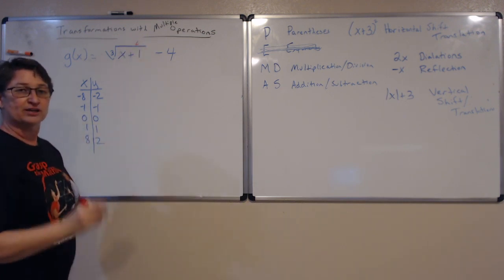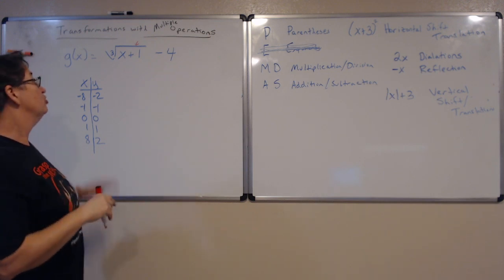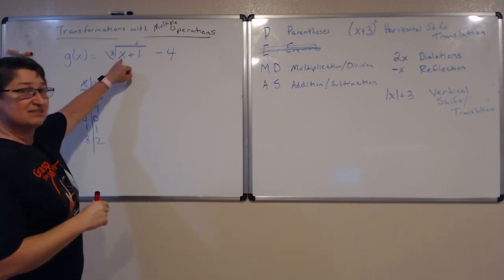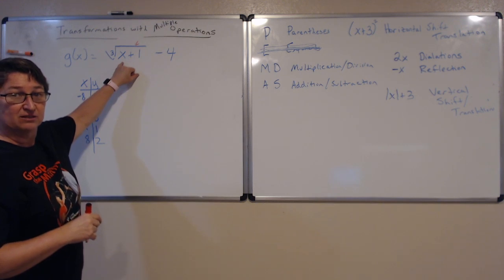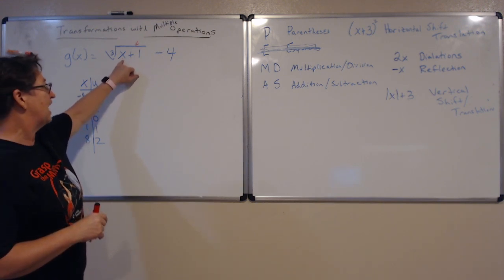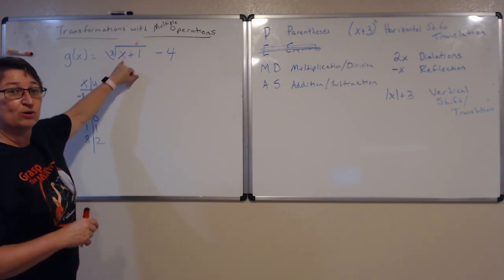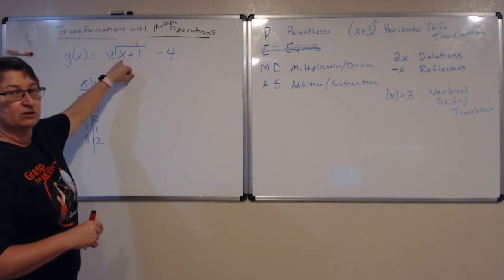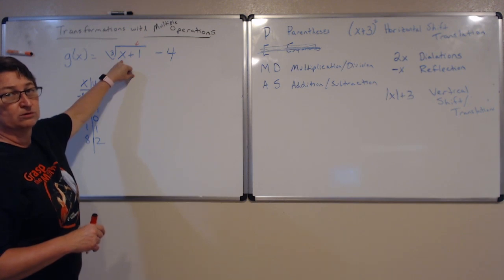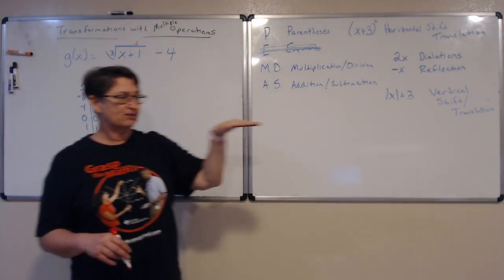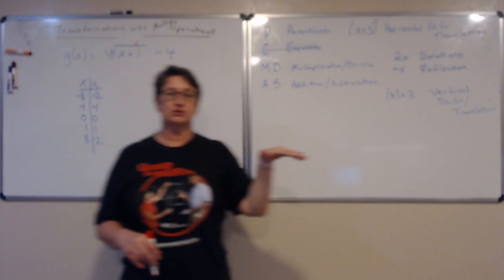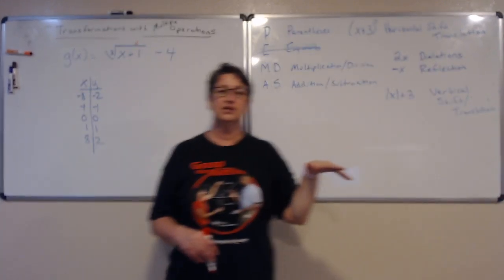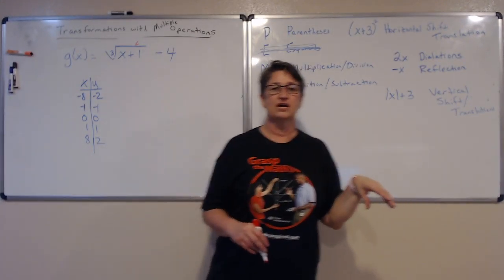What is that 1 going to do to my graph? Notice that it's inside with my x. Since it's inside the function with the x, I know it's going to affect my x value. So horizontally, it's going to do something horizontally.